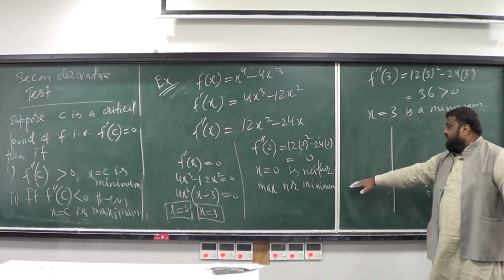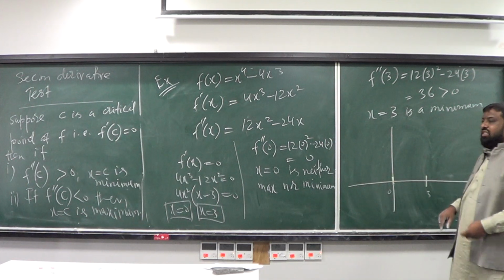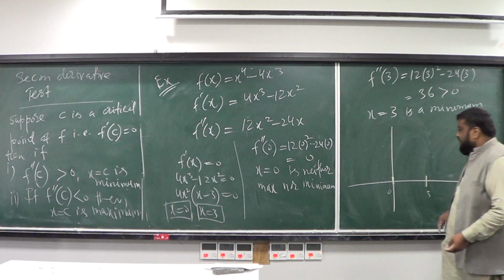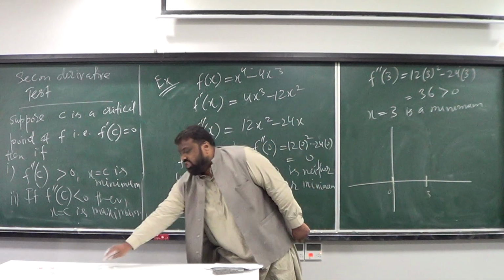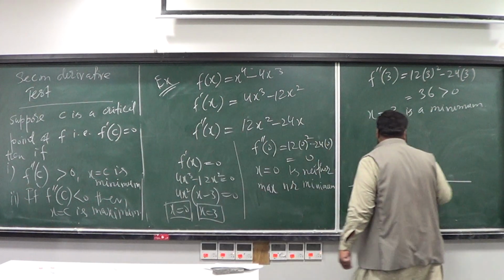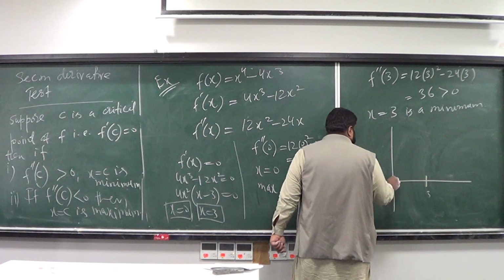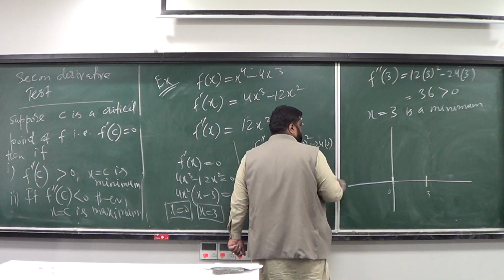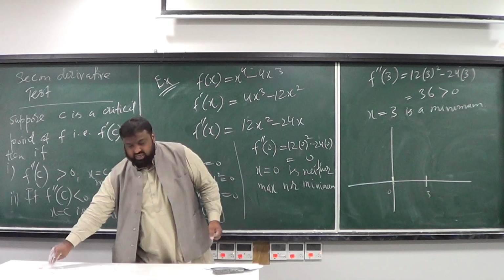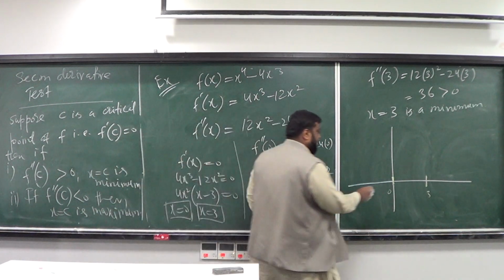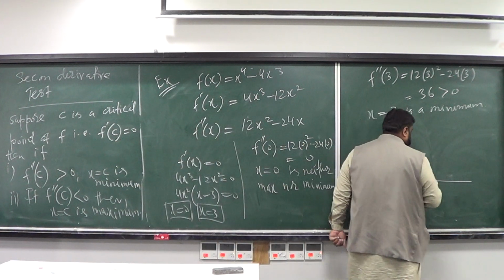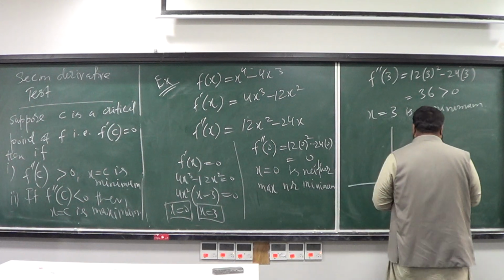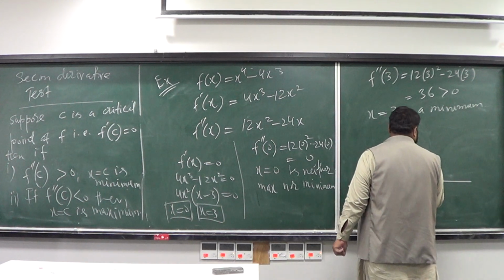So on this white line, if you put the two yellow lines, this is going to split the real line into 3 parts. One part is this, the other part is this interval, and the third part is this interval.